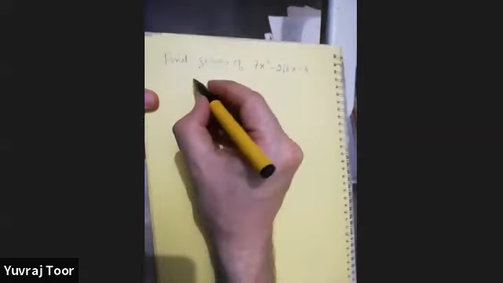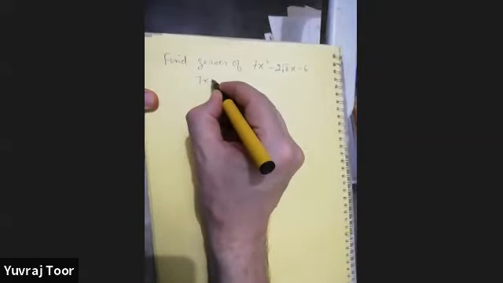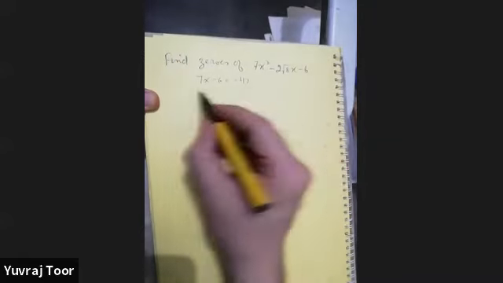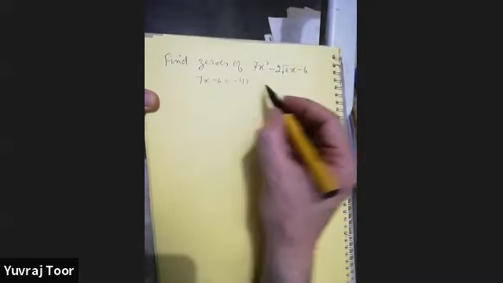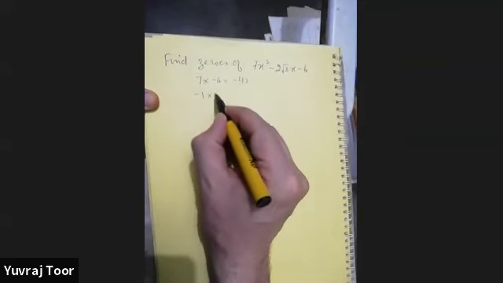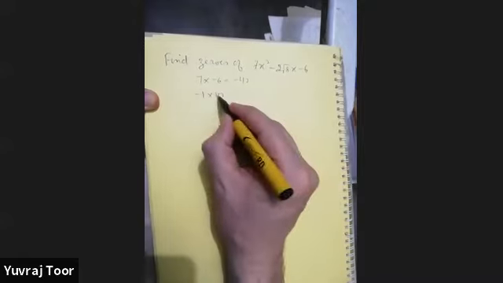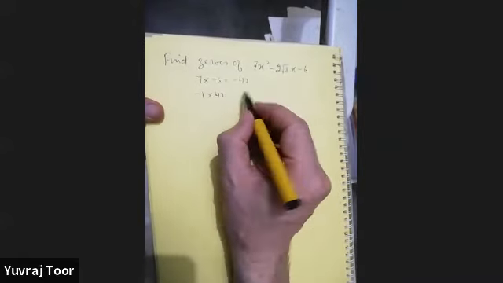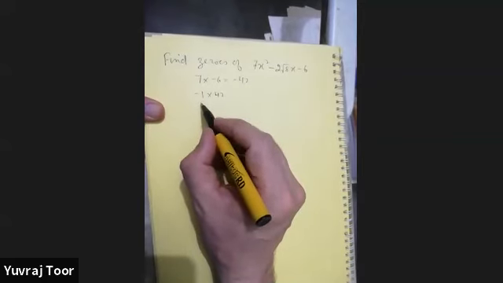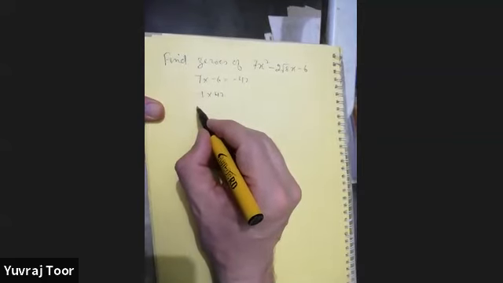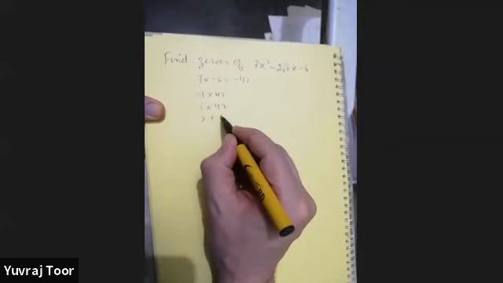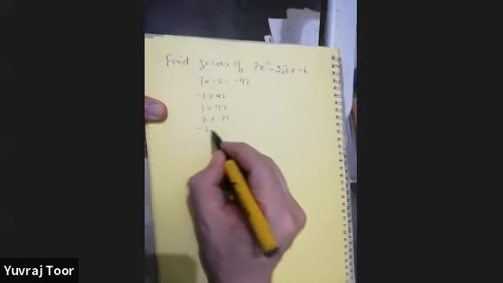On screen, first step, 7 into minus 6, that is minus 42. Now we have to make the factors of minus 42. Minus 1 into 42, right? Then you have to make 1 into minus 42, 2 into minus 21, minus 2 into 21.